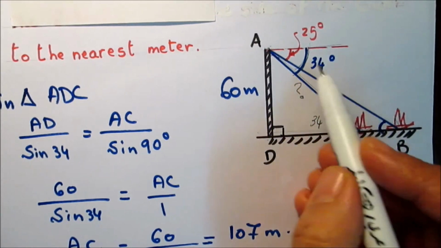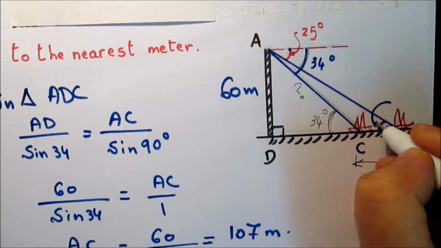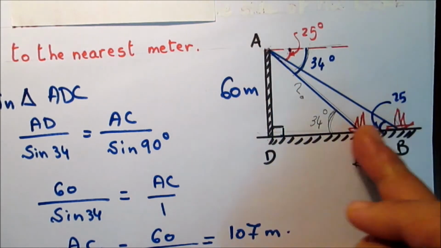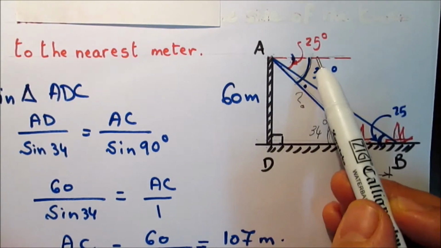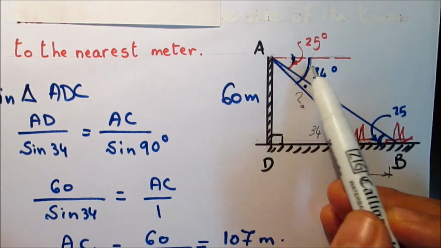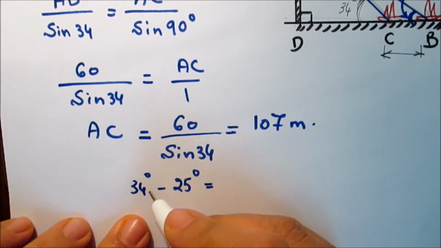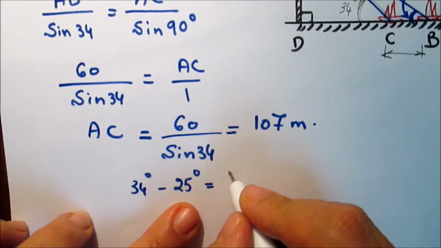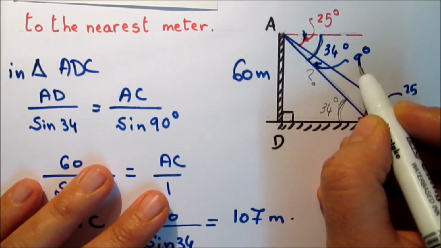Angle B equals 25 degrees because we have alternate angles. Get the measure of this angle by subtracting the two angles of depression: 34 degrees minus 25 degrees equals 9 degrees. This small angle measures 9 degrees.